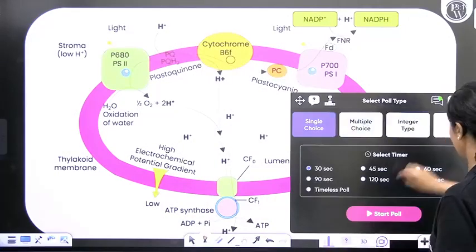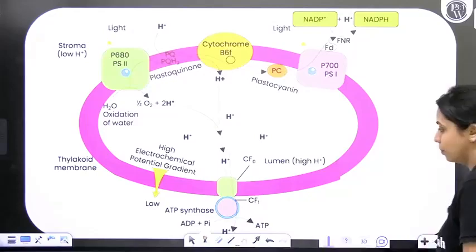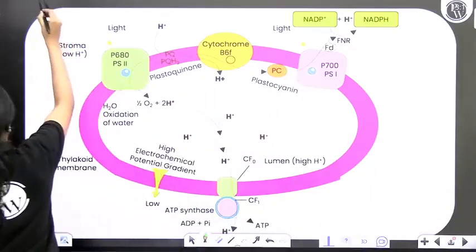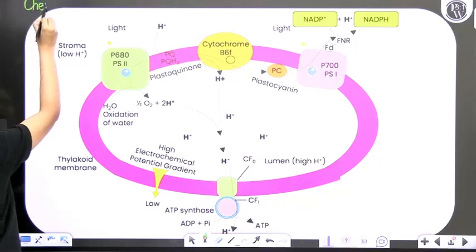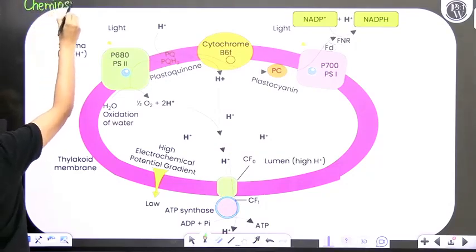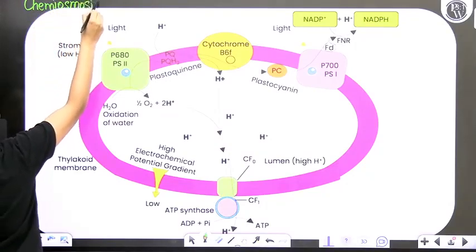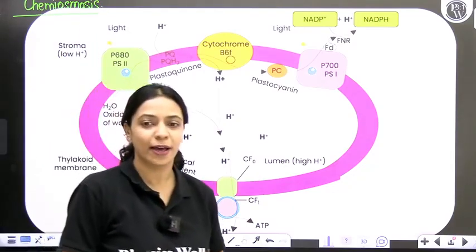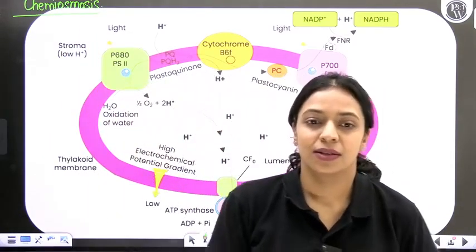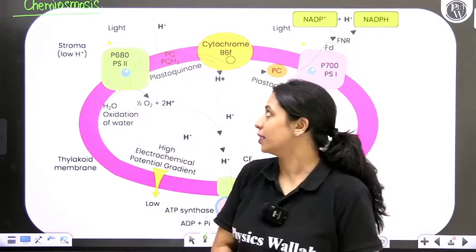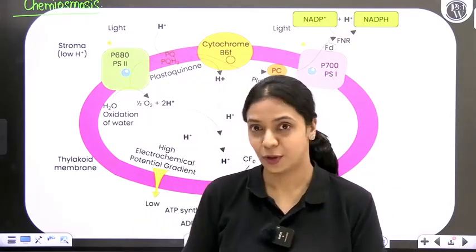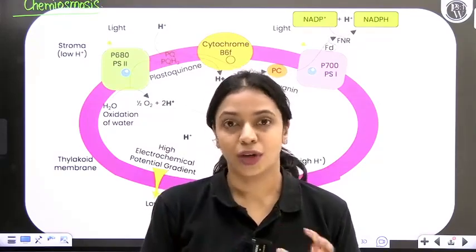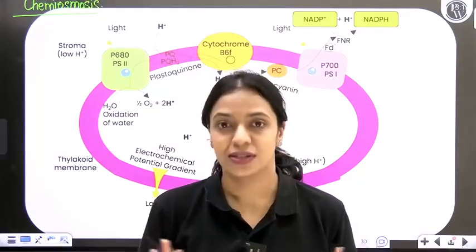All right. So we learn how exactly formation of ATP happens. That can be explained with the help of a hypothesis called chemiosmosis. Everybody knows osmosis, right? Or chemiosmotic hypothesis, you can say. This was proposed by a person called Peter Mitchell. So what basically happens in chemiosmotic hypothesis is that there is a proton gradient created across the thylakoid membrane.